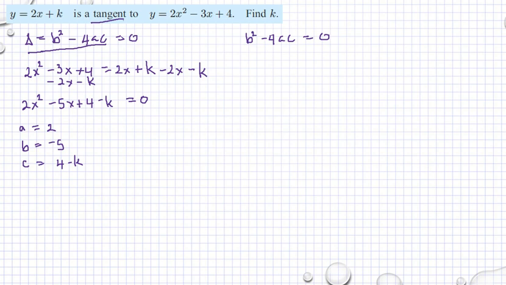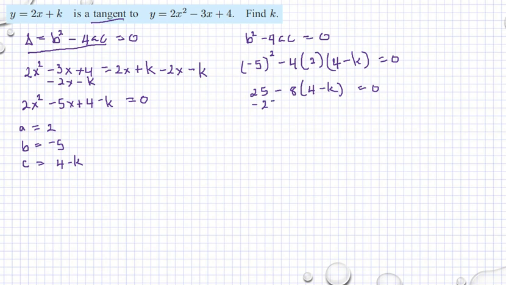That's the definition of the discriminant when there is only one point of intersection. Then we have -5 squared minus 4 times a, which is 2, multiplied by c, which is 4 minus k, is equal to 0. Then we have 25 minus 8 times 4 minus k is equal to 0.